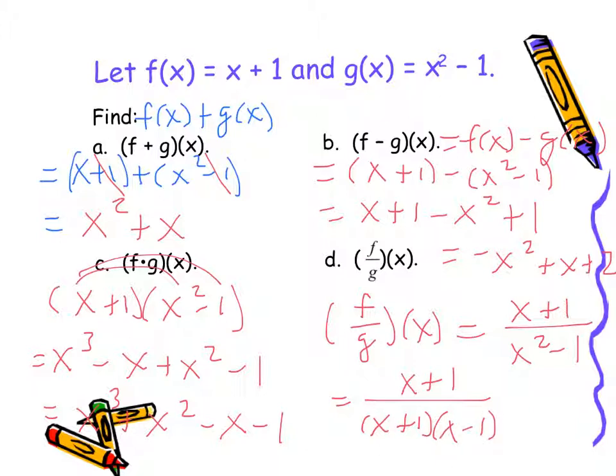That's typically what you need to look out for when you're dividing two functions, is factoring. Okay, that can be split up as x plus 1 and x minus 1. Those cancel, and the fully simplified answer there would be 1 over x minus 1.